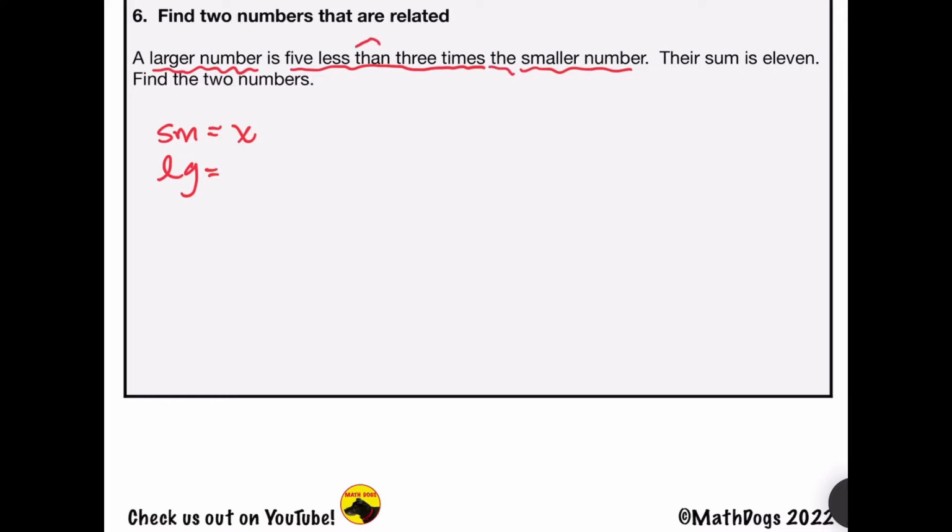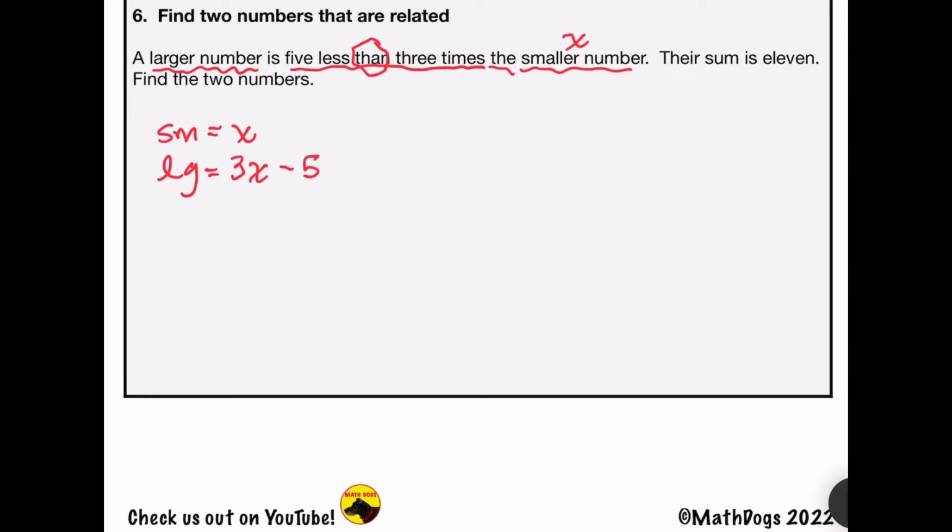So we see the word than, which means we already know that's going to switch the positions from words to symbols, and it says 3 times the smaller number, which we called x. So that's going to be 3 times x, and 5 less would be minus 5. So I used translation to write an expression for each of the unknowns.